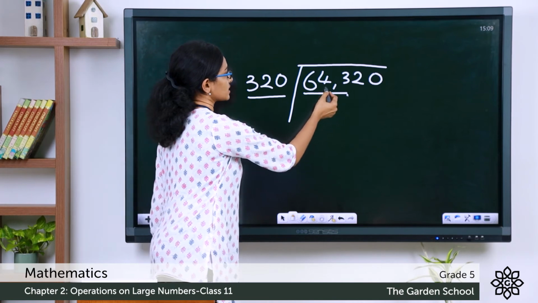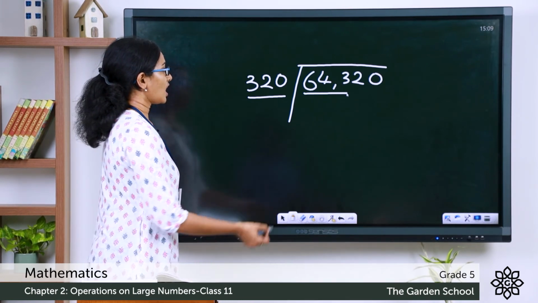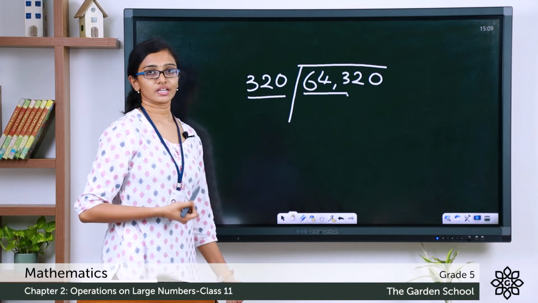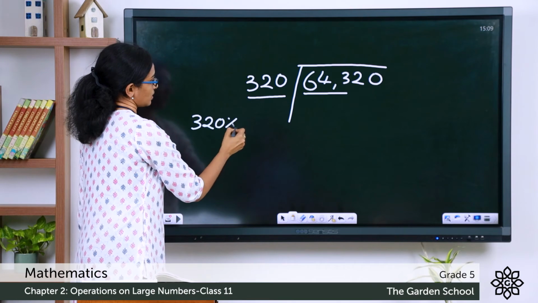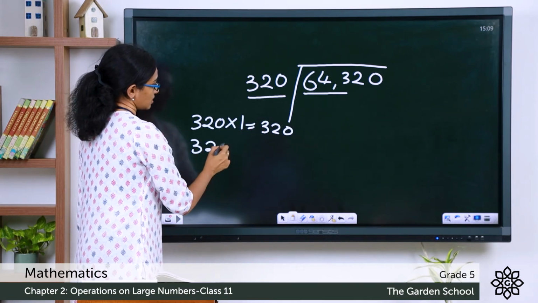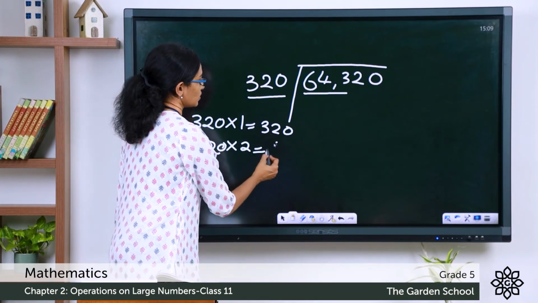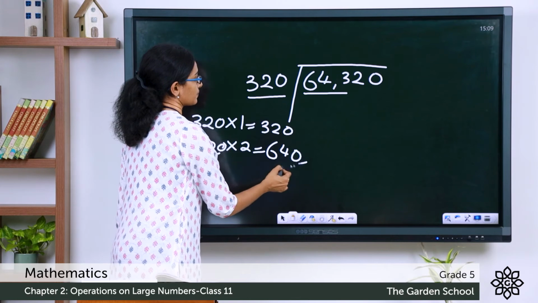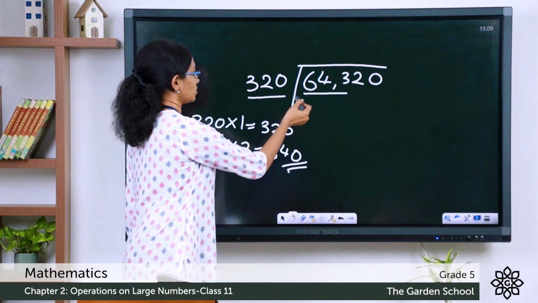So, here we have 643 and here we have 320. How many 320s will go in 643? 320 one time is equal to 320. Now, 320 two times is equal to 640. So, 2 320s will definitely go in this.